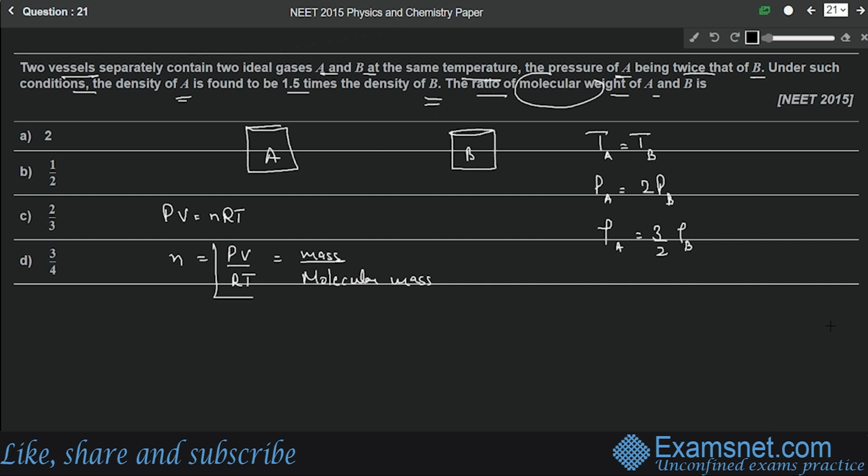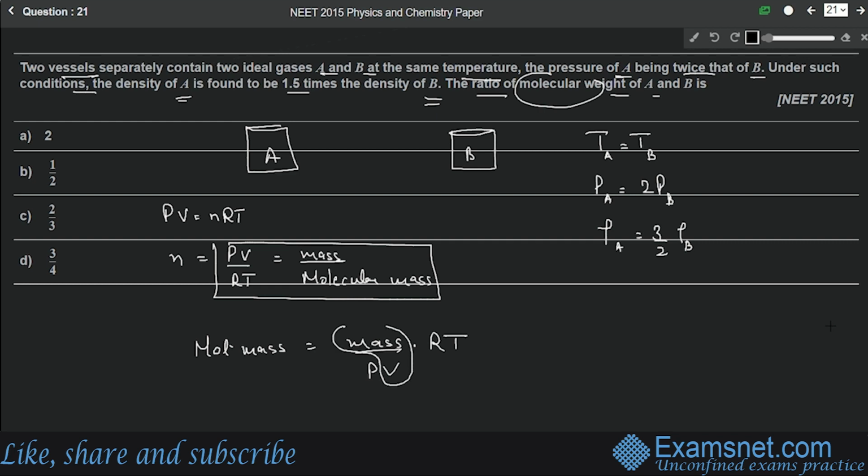So using this, what will be the value of molecular mass? Molecular mass will be equal to given mass by PV into RT. Okay, and mass by volume is equal to density. So it can be written as rho, that means density, into RT upon P, that means pressure. So molecular mass will be equal to rho RT upon P.